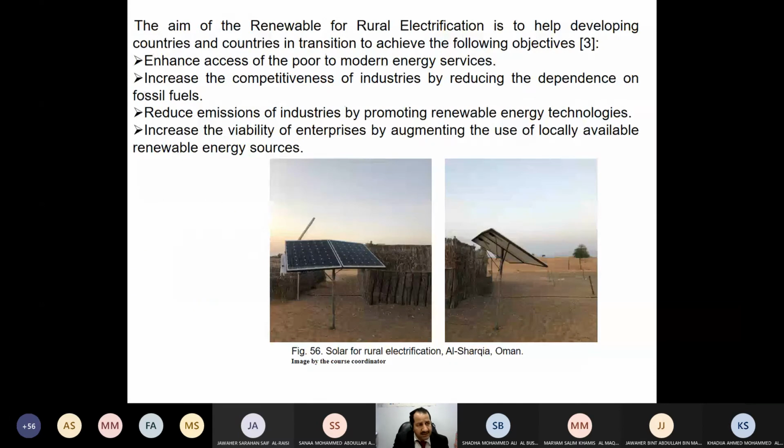In some locations, for example, you see here, this is in Sharqiya, okay? Some people use panels here to provide their needs, and their needs are not that much. They talk about charging their laptops or mobile phones, watching TVs, which is less consumption. So this is one of the best applications.